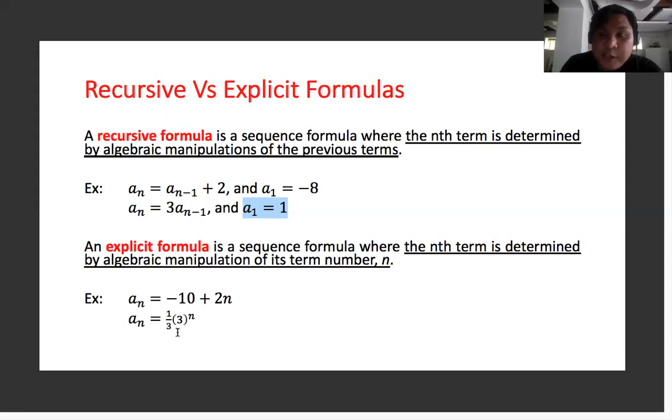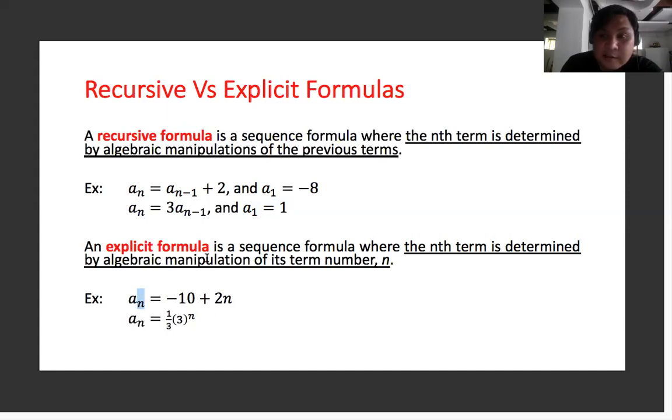If you are looking for the fifth term, you simply replace the n by 5. So a sub 5 is equal to negative 10 plus 2 times 5, which is 10. So negative 10 plus 10 is 0.